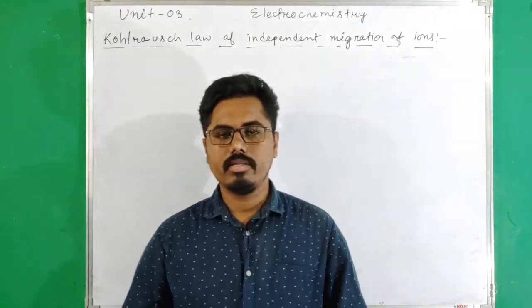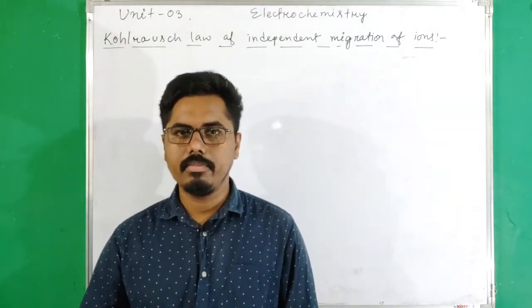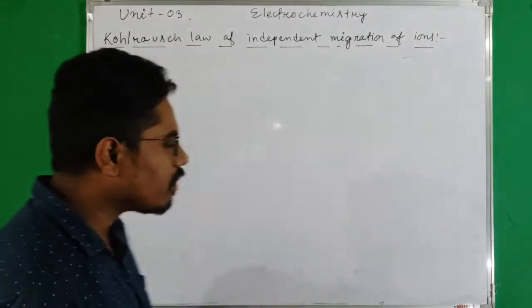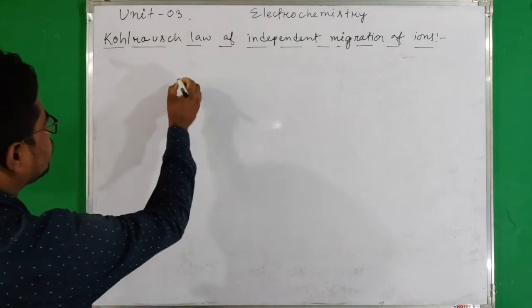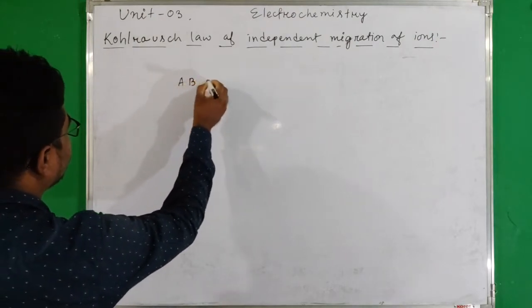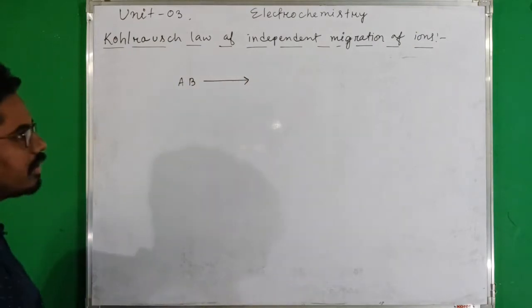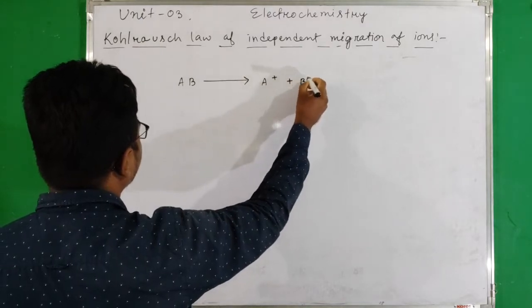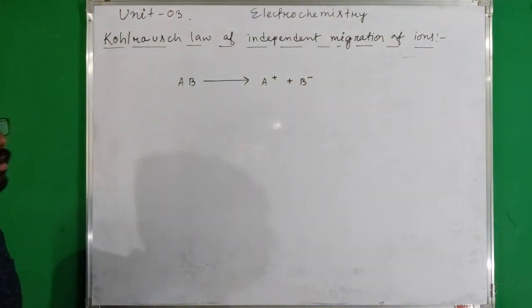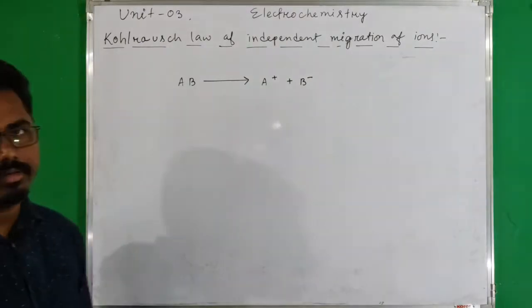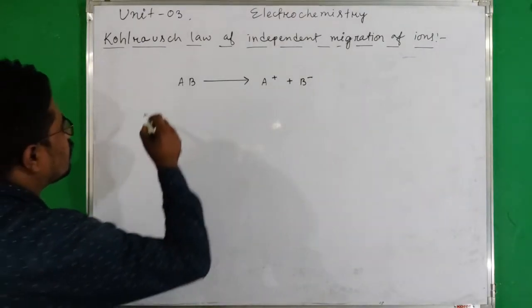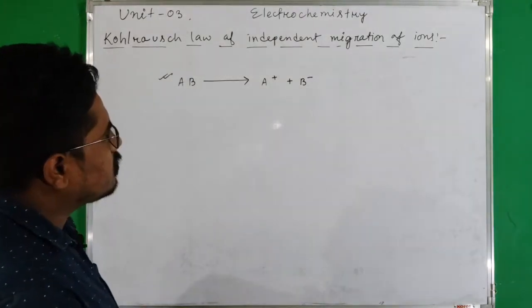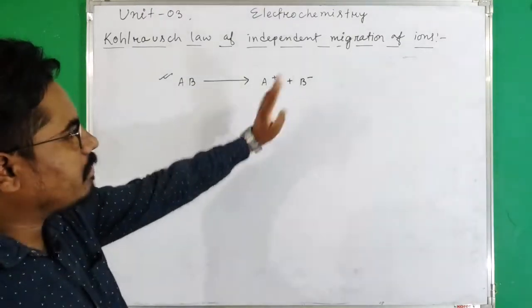So today we will discuss Kohlrausch's law of independent migration of ions. According to this law, the limiting molar conductivity of an electrolyte is always equal to the sum of the limiting molar conductivities of the individual cation and anion. Suppose we have an electrolyte AB, which when dissociated gives A positive and B negative.